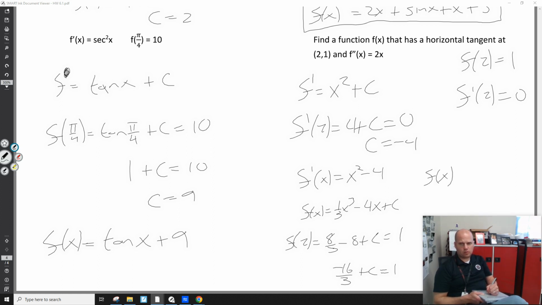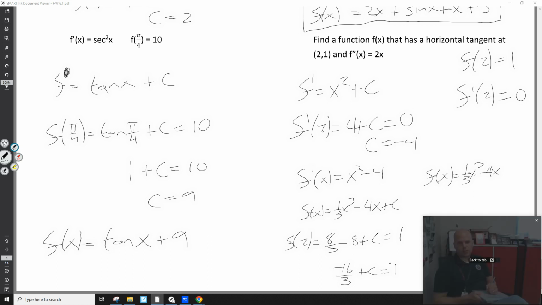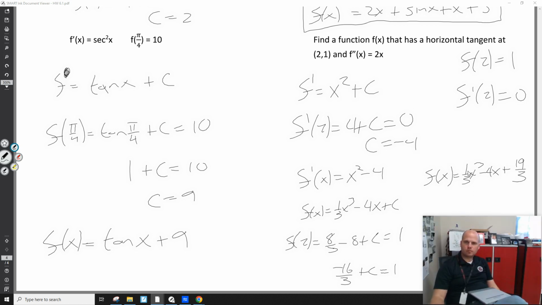So f of x equals 1/3 x cubed minus 4x plus 13/3. No. 16/3 plus 3/3 is 19/3. Add 16/3.